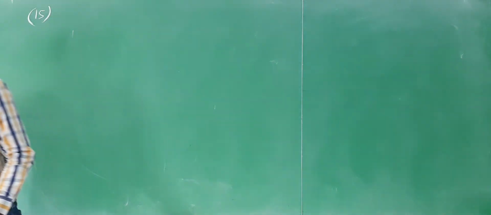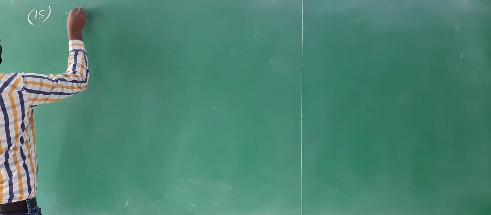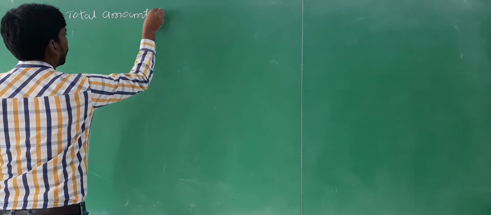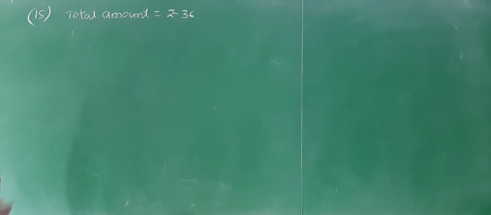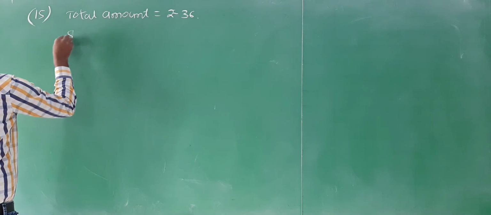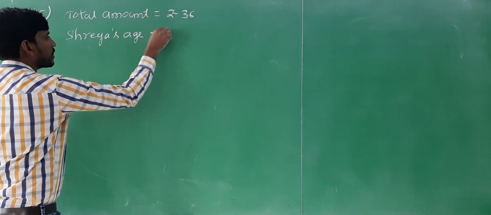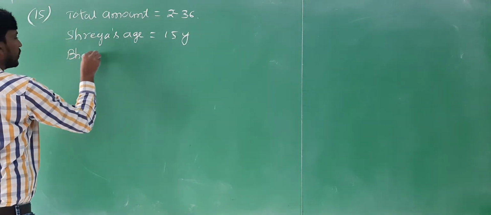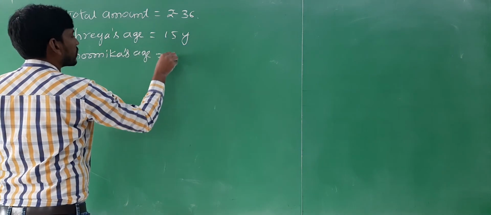Right, children? So now let us see this here. The total amount is rupees 36 here. This amount we are going to divide in the ratio of their ages. Shreya's age is 15 years, right? And Bhumika's age is 12 years.